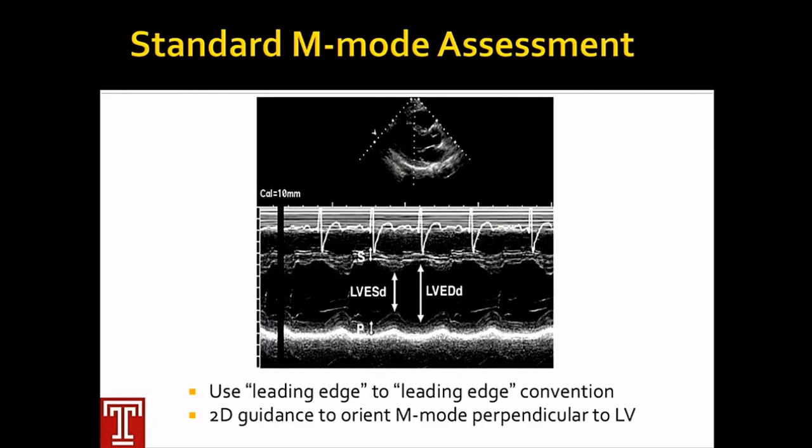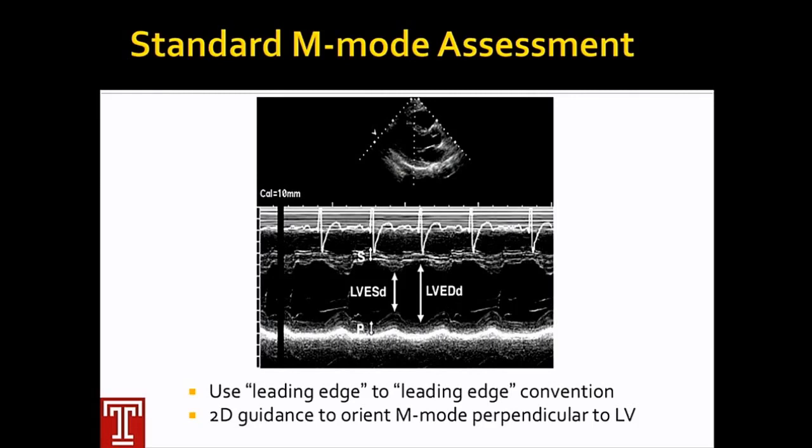Left ventricular end systolic dimension in M mode is measured at the furthest incursion of the septum, which tends to precede the furthest incursion of the inferoposterior wall. So you measure at the deepest incursion of the echo, and that's end systole. And end diastole is typically measured at the onset of the QRS complex, again in a leading edge to leading edge assessment.